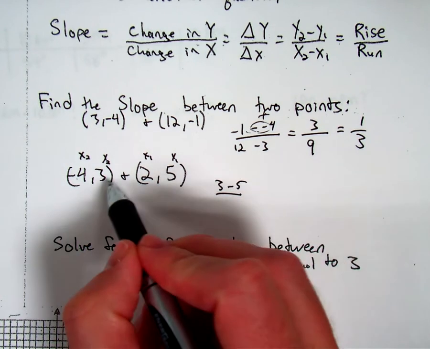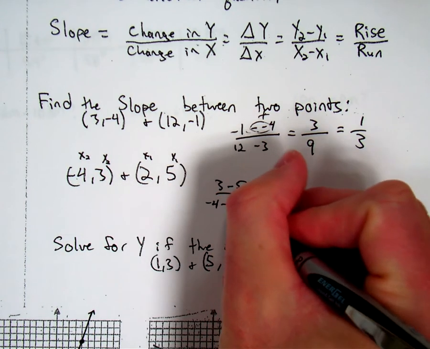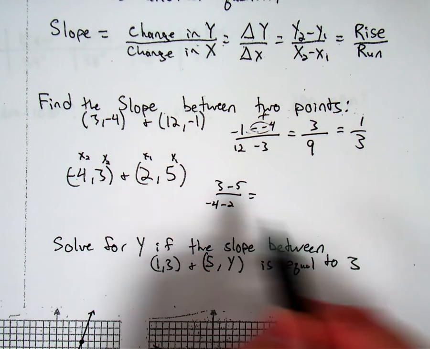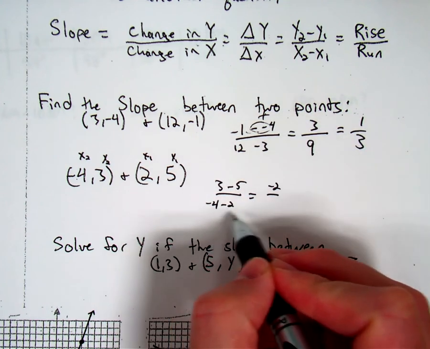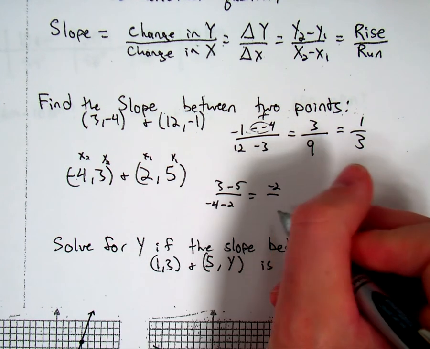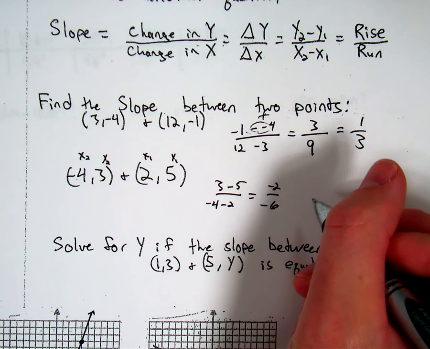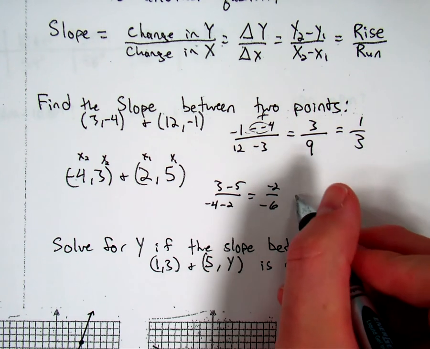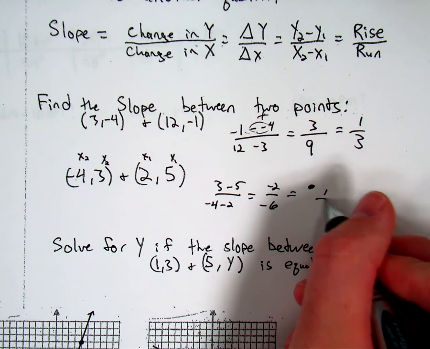So we got 3 minus 5 over -4 minus 2. Across the top, 3 minus 5 is going to be -2. -4 minus 2 more is going to be -6. And that's going to reduce to a positive 1/3 again.